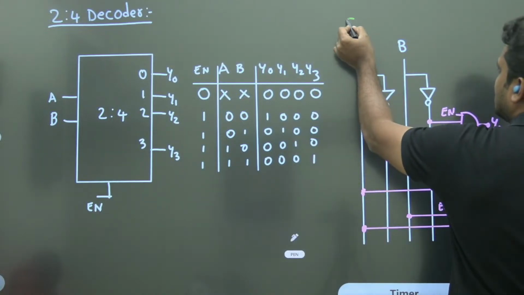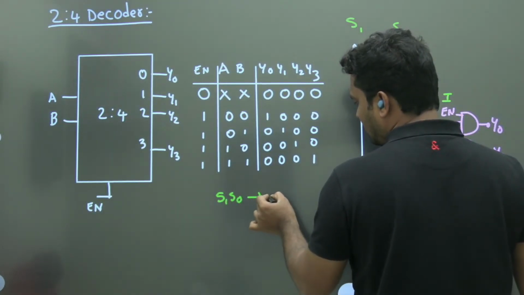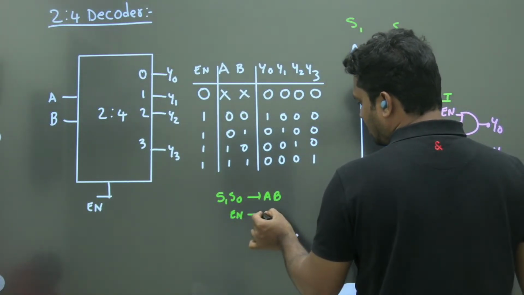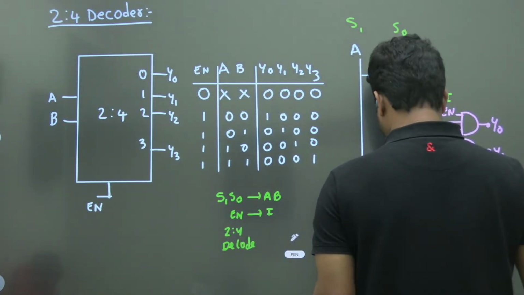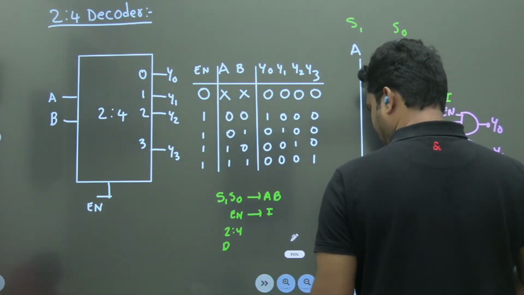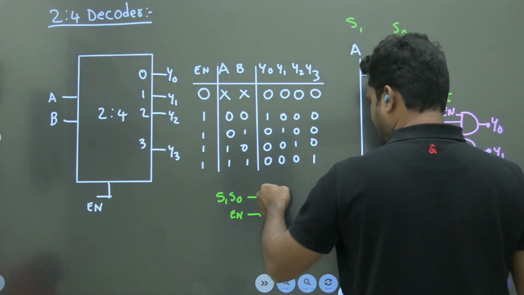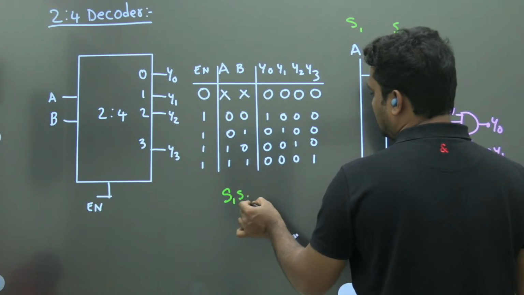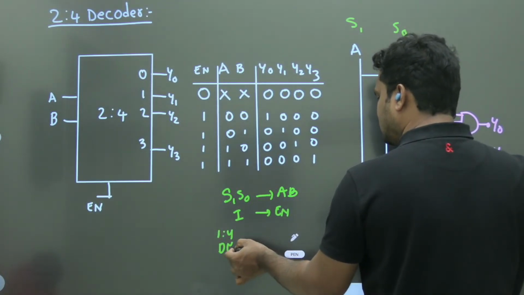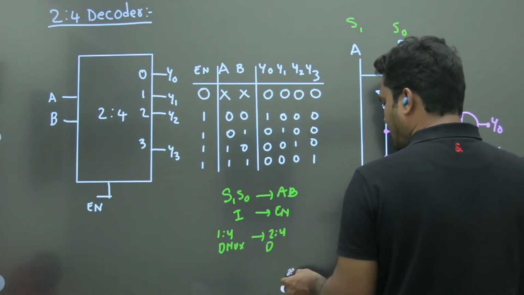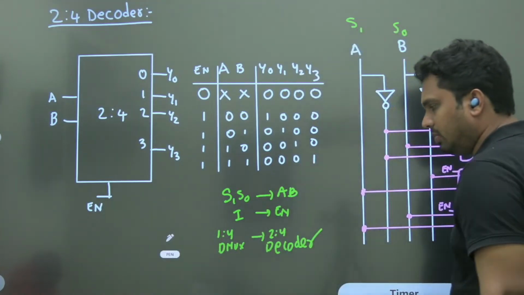If you take the names here as S1, S0, and I, and replace S1, S0 with AB, and I is replaced with enable, then the 1 by 4 DMUX will become a 2 to 4 decoder.